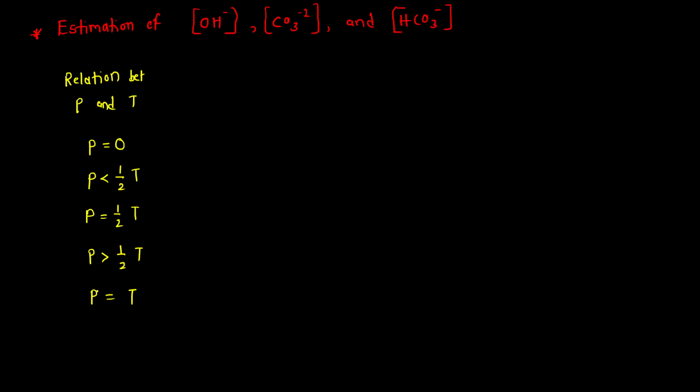P is the phenolphthalein alkalinity and T is the methyl orange alkalinity. The next column is for OH minus concentration, this is for carbonate concentration, and this is for bicarbonate concentration.